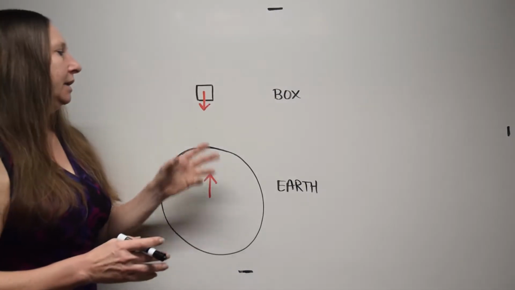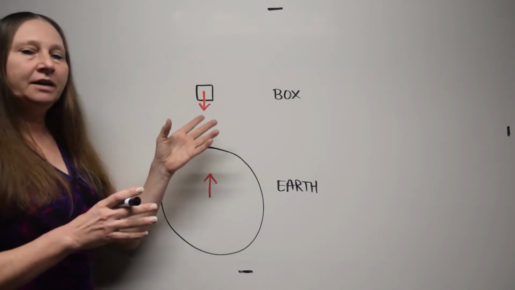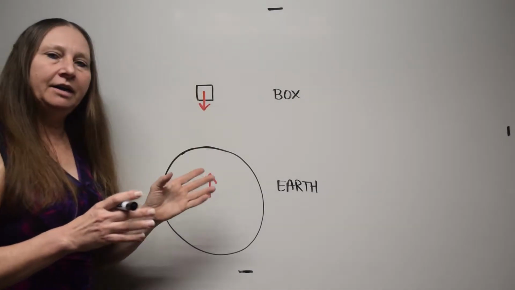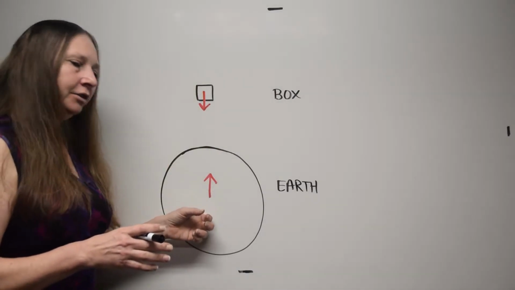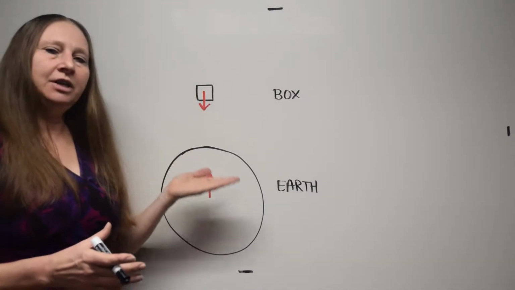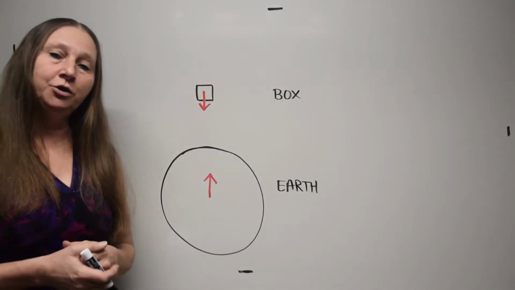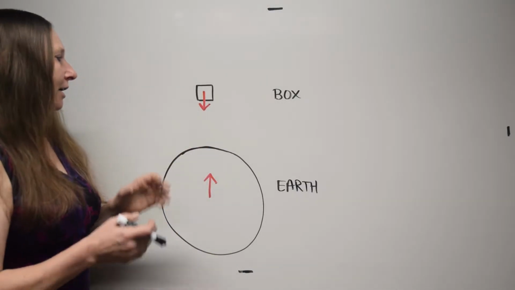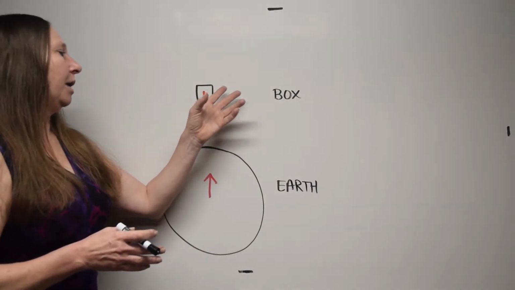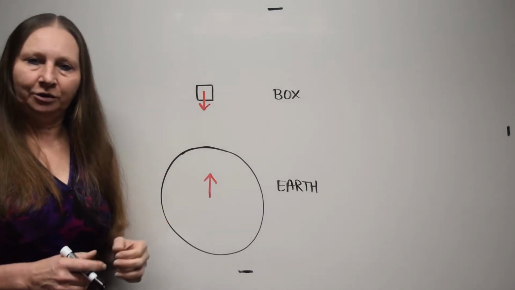What's happening is that the box is so small, it's affected more. It accelerates faster. The Earth is so large that its acceleration upwards is imperceptible. We might as well just ignore it completely. So the box is accelerating down towards the Earth.